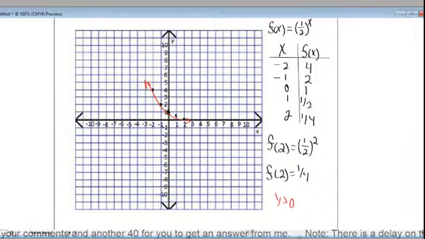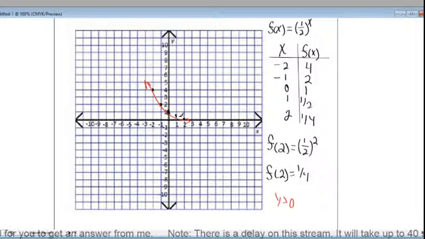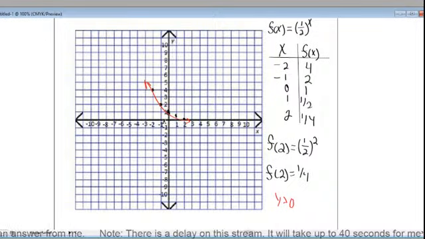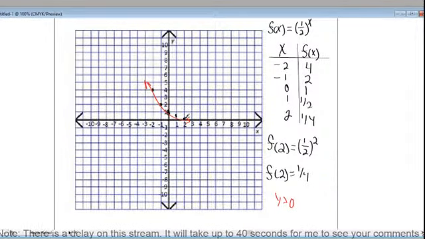So, again, what you can expect with exponential functions typically is a curve that either gets smaller and smaller like this, or bigger and bigger. And each point is going to be further from the last point or closer to the last point as we move on.